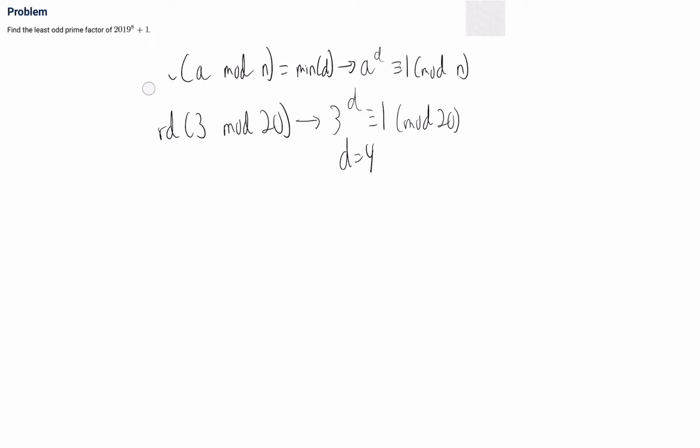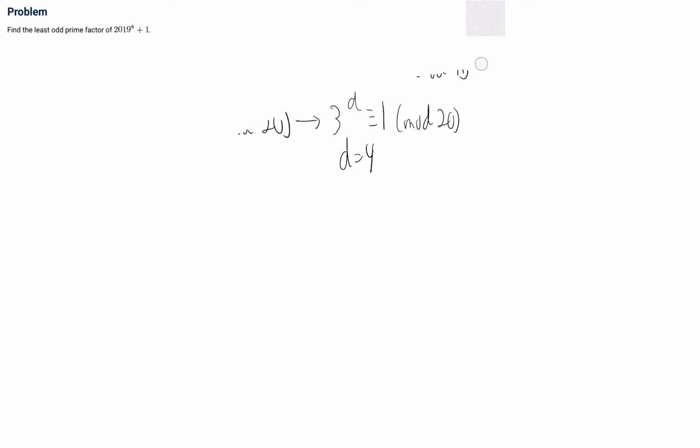Another useful fact about order is that first we have to introduce the phi function. Phi of n is the number of positive integers less than or equal to n relatively prime with n. So what is phi of n?